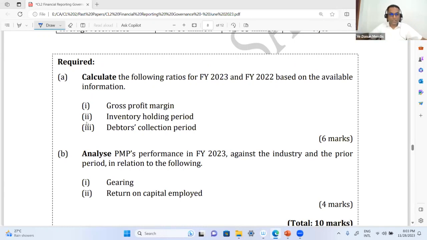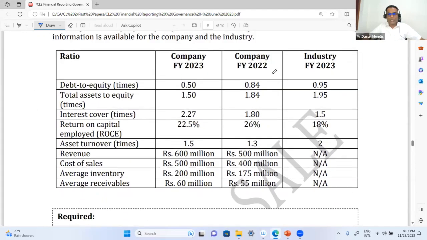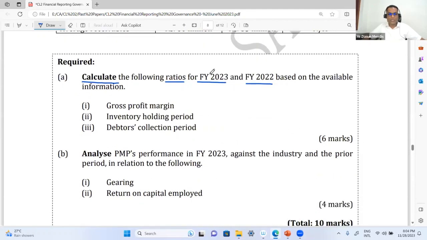You are required to do certain calculations for the year 2023 and 2022. That is, 2023 is the current year, 2022 is the last year, and you have also been given the current year, 2023, industry figures. So here what you compute is for the current year and the last year.